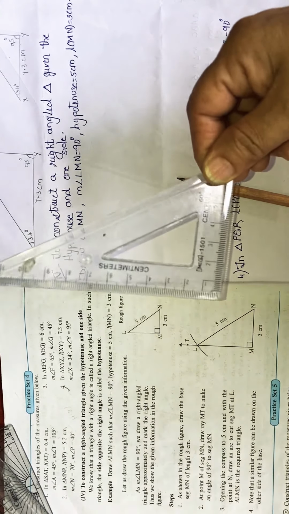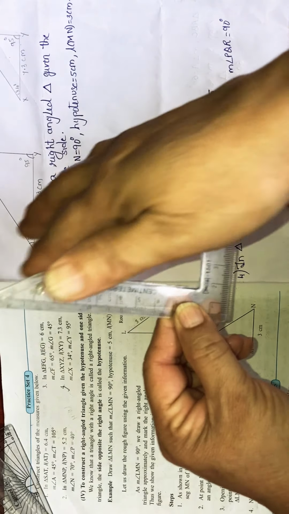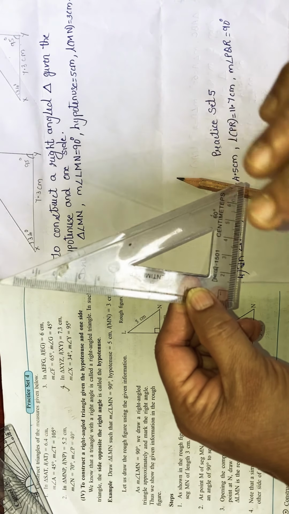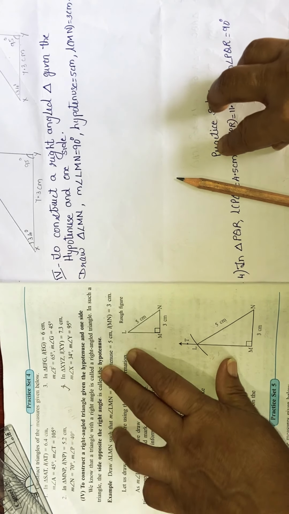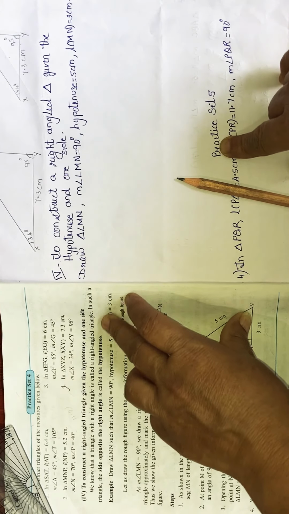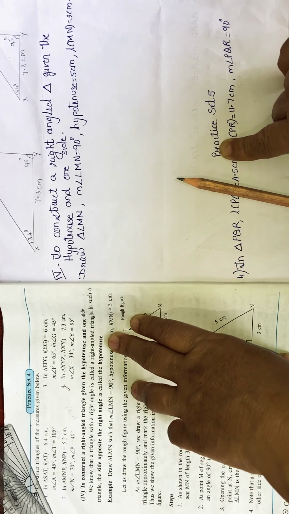So we are going to see how to construct a right angle triangle given the hypotenuse and one of its sides. The lengths are given. So let us see. So we know that a triangle with a right angle is called as a right angle triangle. In such a triangle, the side opposite to the right angle is called as a hypotenuse.